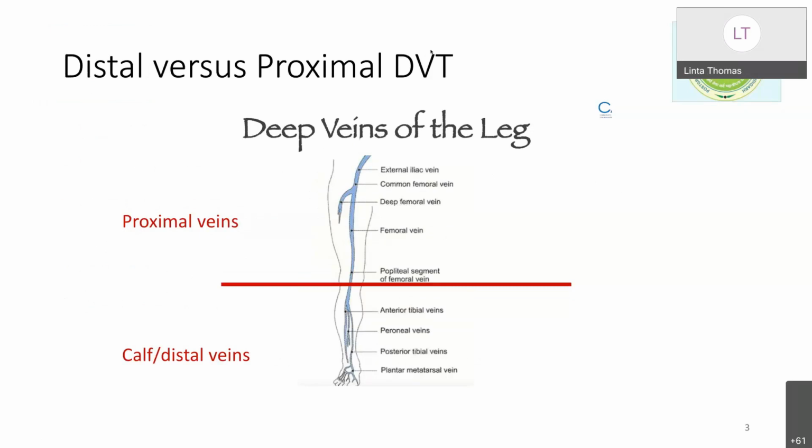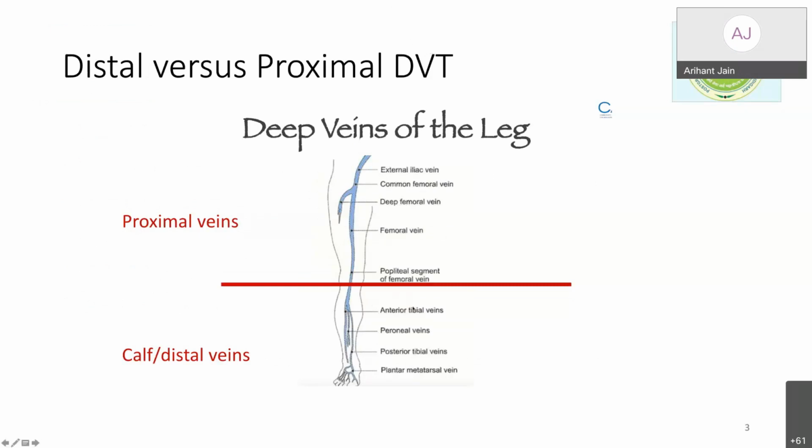So the first thing we need to know when we are talking about thrombosis is that the most common site of thrombosis is the deep veins of the legs.